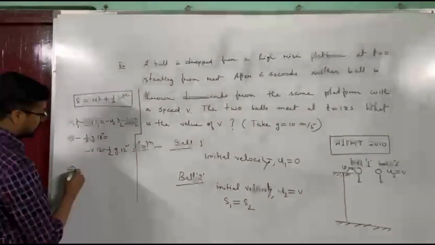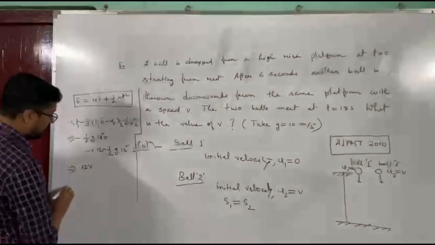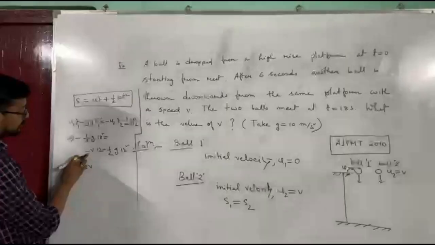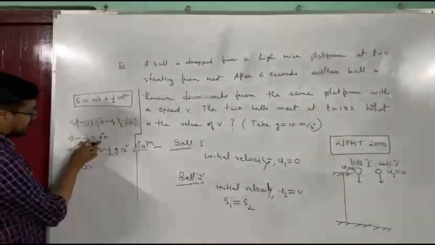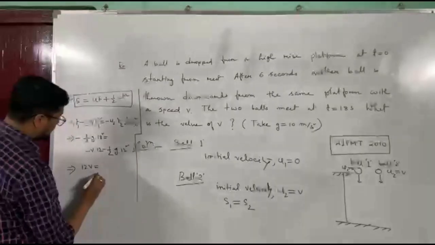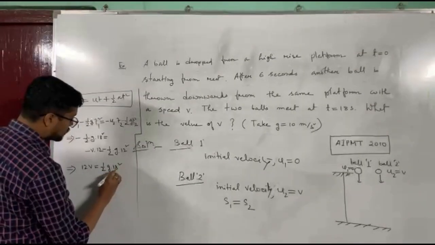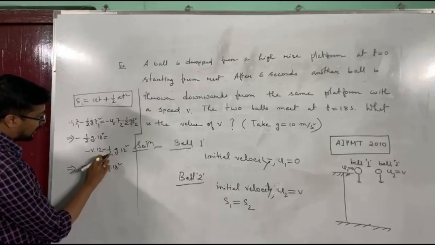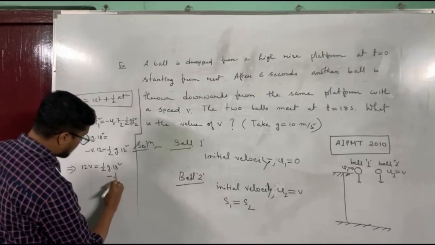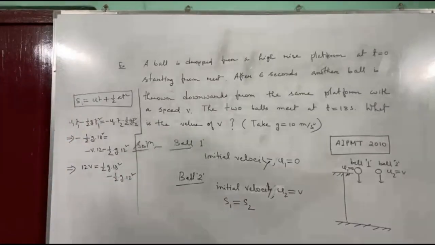Let us rewrite this equation like this. 12V, bringing this term to the left hand side, this minus sign will become positive, and let us take this term to the right hand side, and this term will become positive on the right hand side. So it will become half Z 18 square. So we already have this minus half Z 12 square here. So let us write it as it is, half Z 12 square.